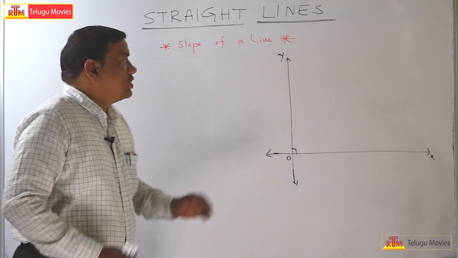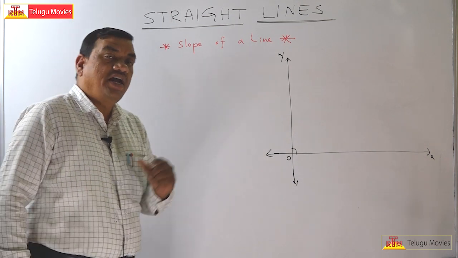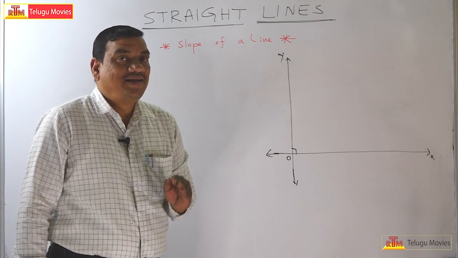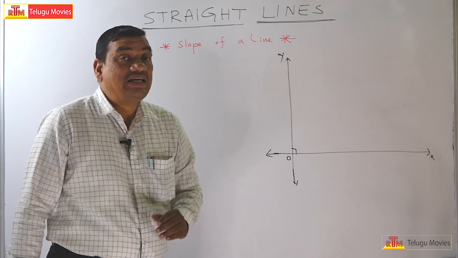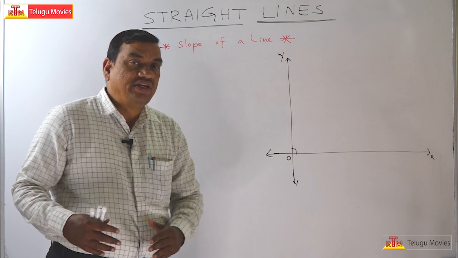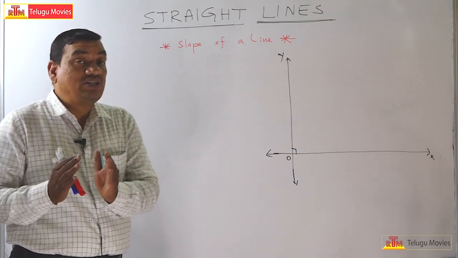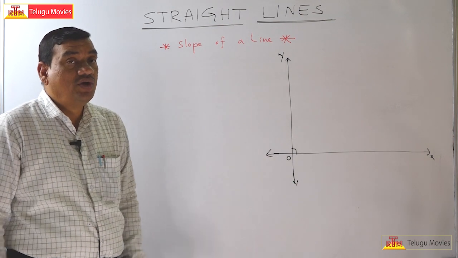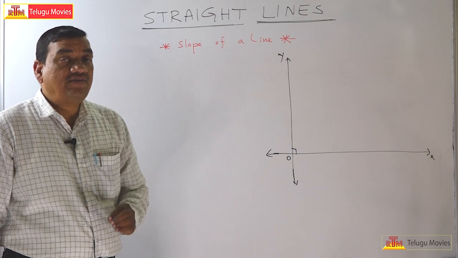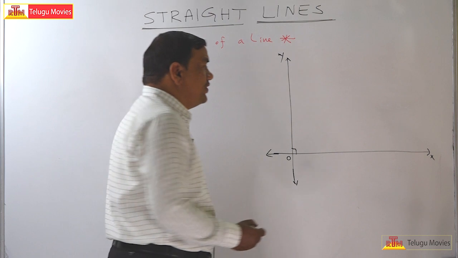Welcome to this concept, the slope of a line. What is the slope of a line? As I already told you, if the steepness of a line is expressed in terms of some numerical value, like 2 by 3, 5 by 3, root 2, root 3, either positive or negative, then that value is called the slope of the line.